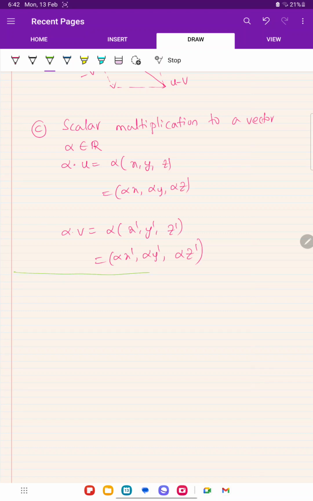Till now we have studied the operations on vectors. Now let's look into the structure of Euclidean space. The Euclidean space E3. So what will it be?